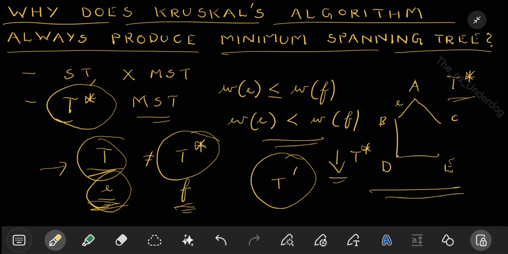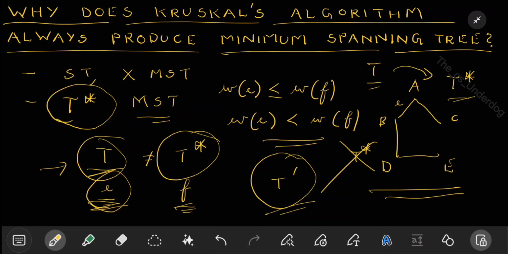But we assumed that T is what you got from Kruskal's algorithm, but that is not the MST, and there is some other MST which is T star. Then we ultimately reach the conclusion that another MST called T dash is possible, which has an even smaller weight than T star. If that is the case, then this refutes the fact that T star is an MST.